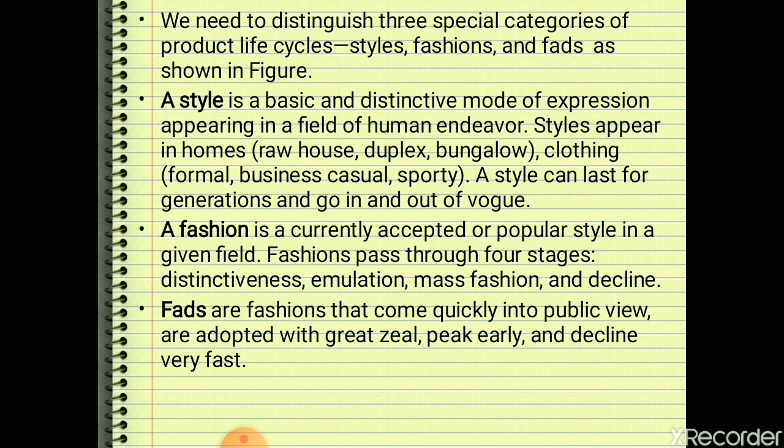Then fashion. Fashion is a currently accepted or popular style in a given field, and fashion passes through four stages: distinctiveness, emulation, then mass fashion, and then decline, right? Mass fashion means very good adoption of that specific fashion, and then it declines. And fads are fashions that come quickly into public view, are adopted with great zeal, peak early and decline very fast.